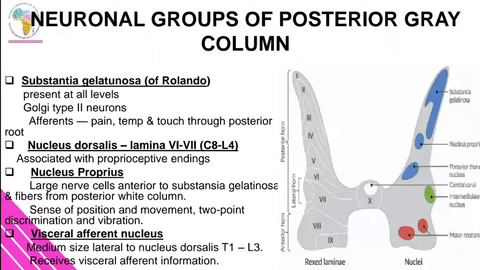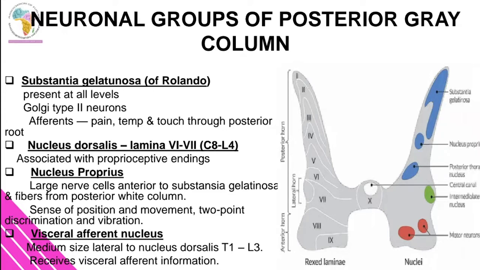So 2-point discrimination is basically a patient being able to differentiate different points. This is mostly appreciated when you're doing a neuro exam. Yeah, where you tell the patient to differentiate 2 points, maybe using an object, you change its position and ask the patient to tell you where its position is.